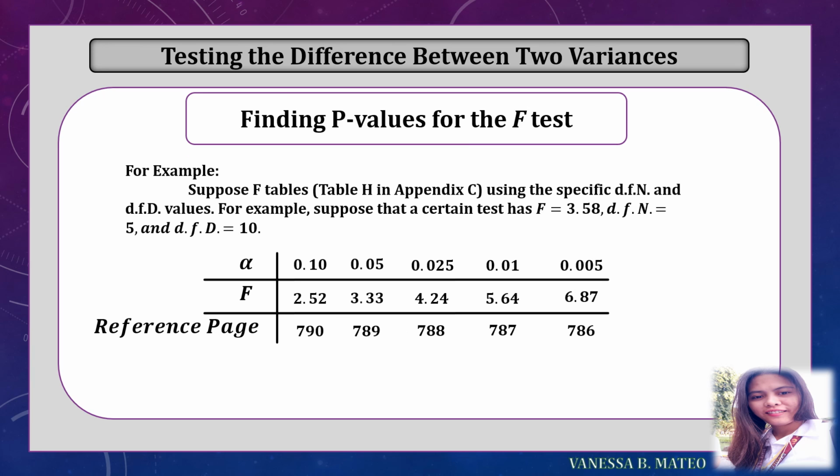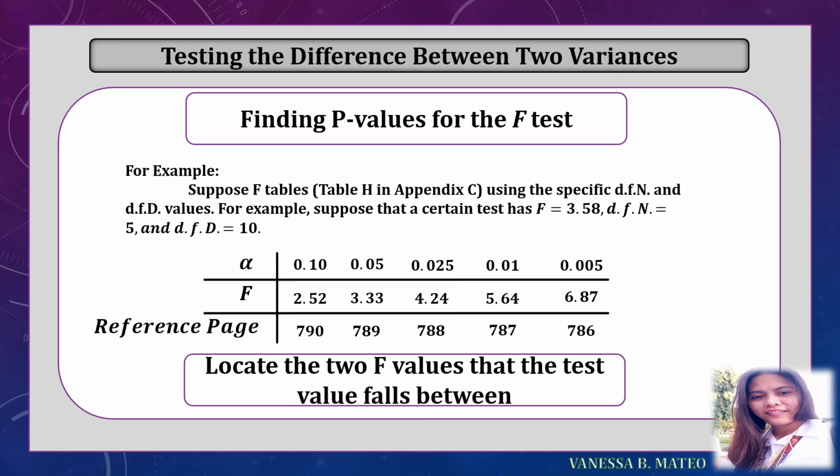To be organized, we have to make a table like this. And the next thing we need to do is to locate the two values that the test value falls between. So, ang ating F value is 3.58 and that falls between F of 3.33 and F of 4.24, which correspond to alphas 0.05 and 0.025 respectively.